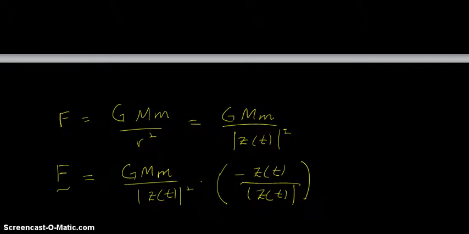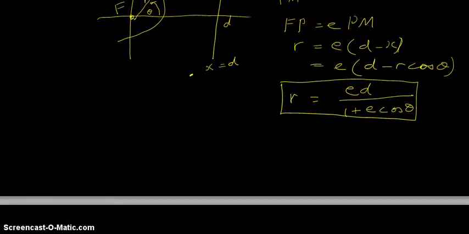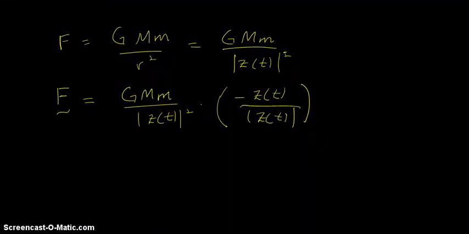R hat, of course, would be this vector from F to P, the position vector of the point P, relative to the origin F. So here we have a more compact vector representation using complex numbers.